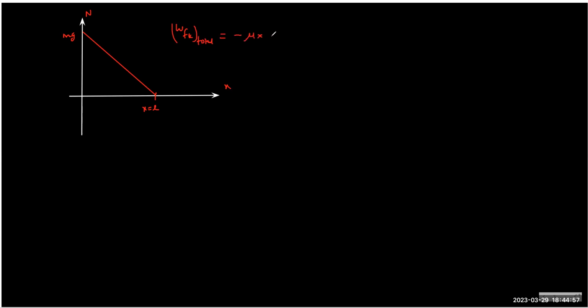Minus mu times the total area under the N-x graph, right? So that will reduce the effort. For total work, it is easy, because beyond that x cannot be negative, so we can't have other work.